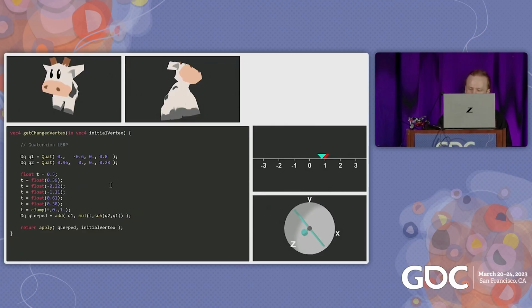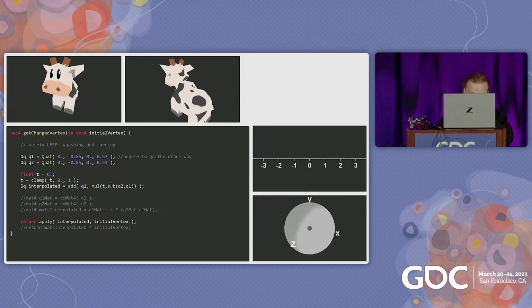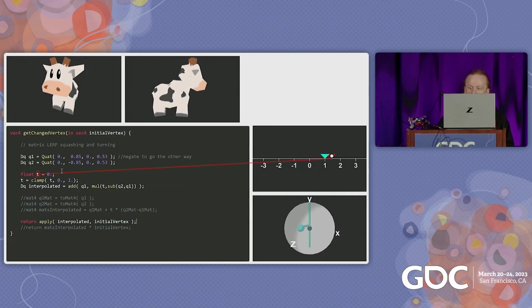Oh, but we're going to do another demonstration here, because there's another way of transforming things. Once again, I've got a quaternion. If you look down here, and if I dial t up and down, I'm going from one rotation to another rotation, one orientation to another orientation, beg your pardon.